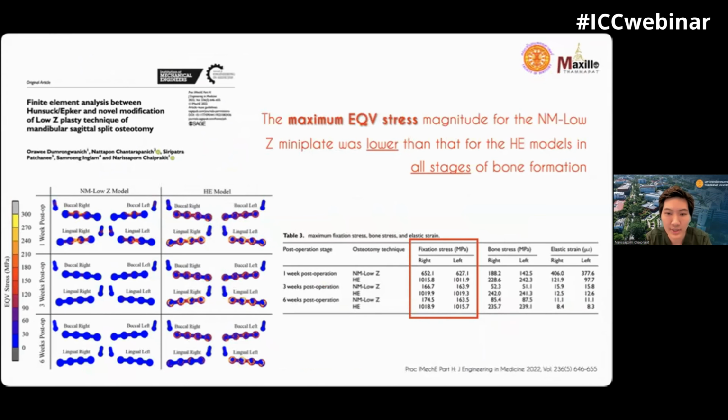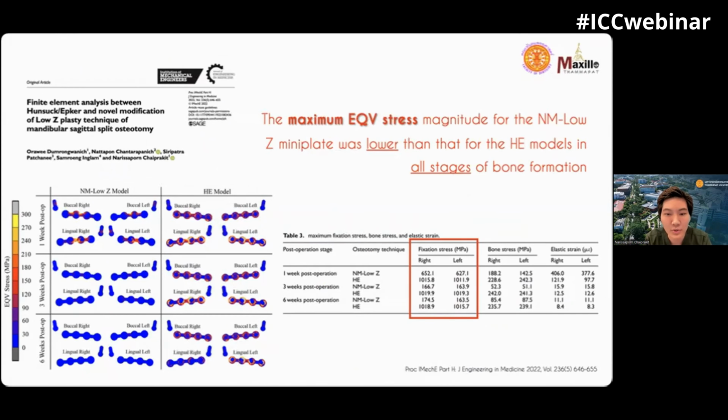We found an interesting result: the maximum strain magnitude for the NM-LowZ miniplate was lower than that for the Hunsuck-Epker model in all stages of bone formation post-surgery.